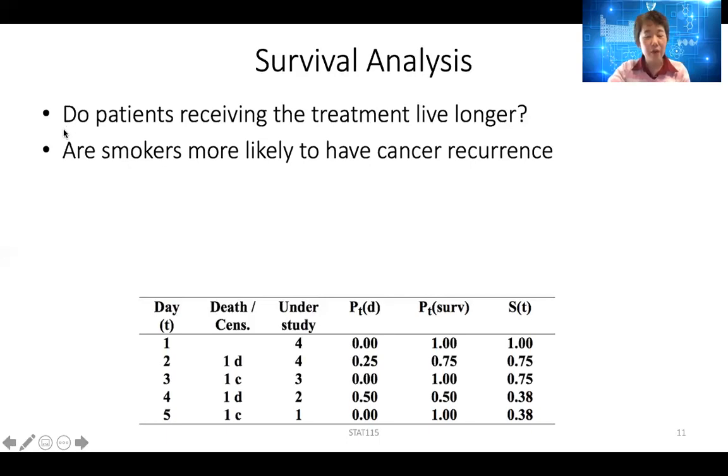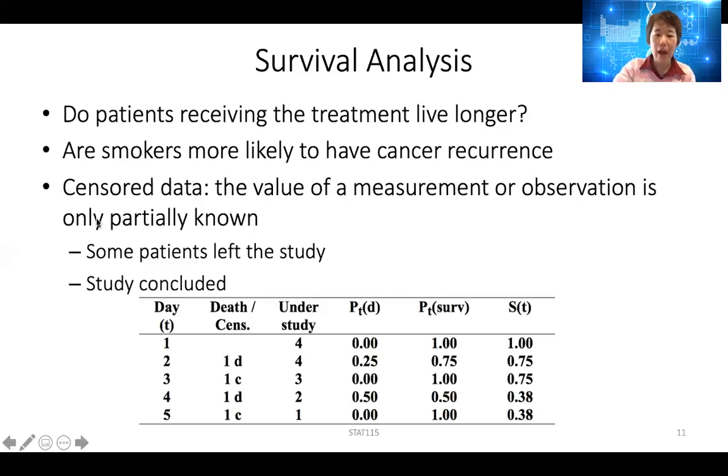For example, you can use survival analysis to answer a number of interesting questions, such as, do patients receiving a particular type of treatment live longer? Or you can ask, are smokers more likely to have cancer incidence? Or, are patients with this particular subtype more likely to metastasize?